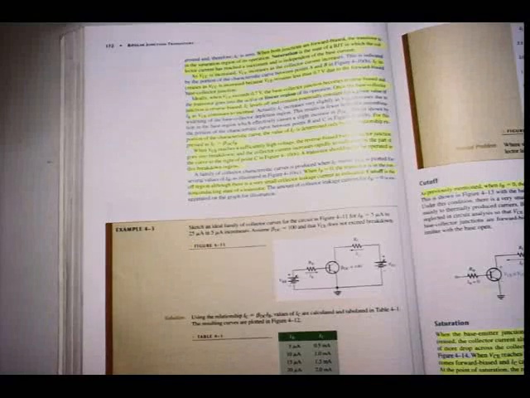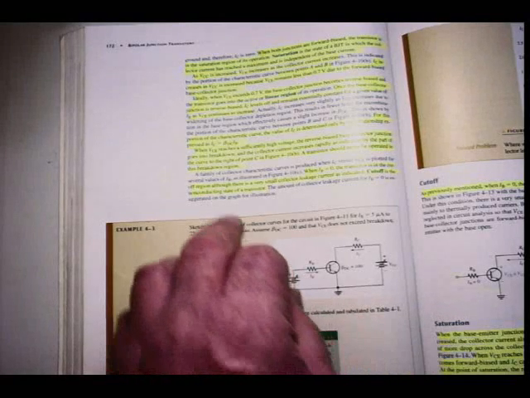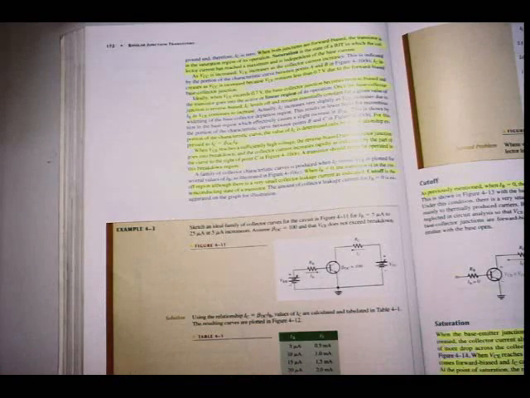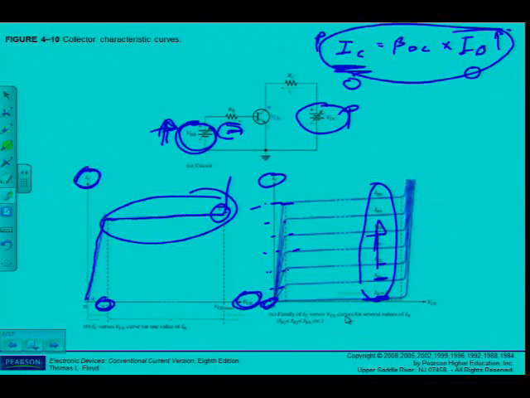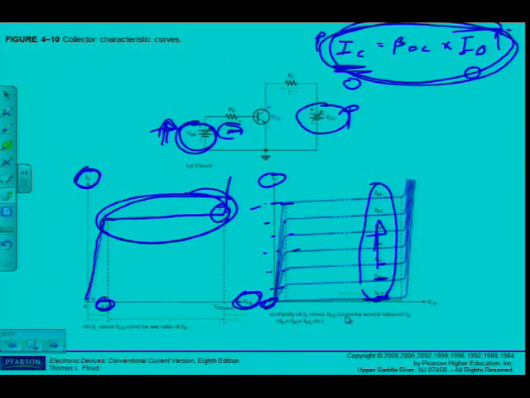This formula is true for that portion between points B and C.